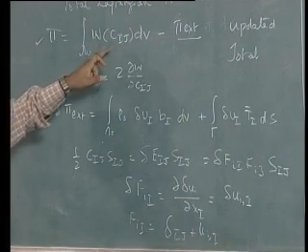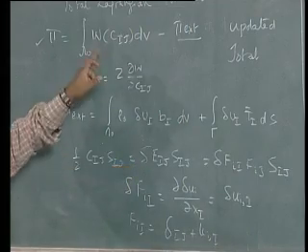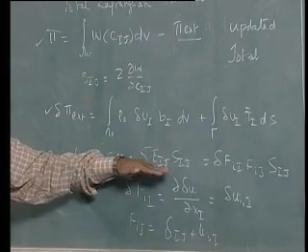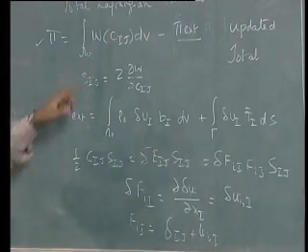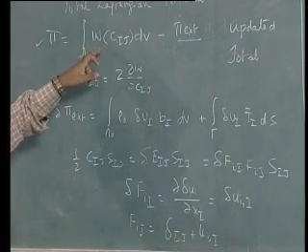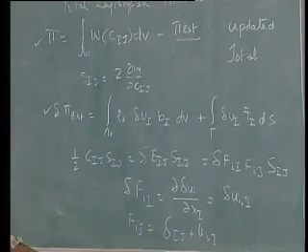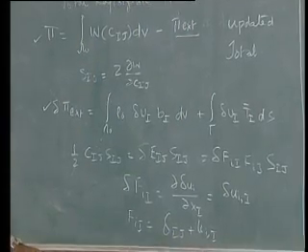Here we found that if we have to do this, we have to do some algebraic manipulations. In other words, this term now has dou W by dou Cij. Of course, this can also be expressed in terms of Eij. We will see that in a minute.